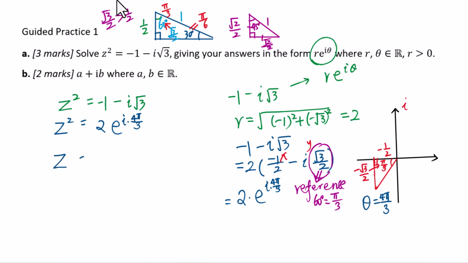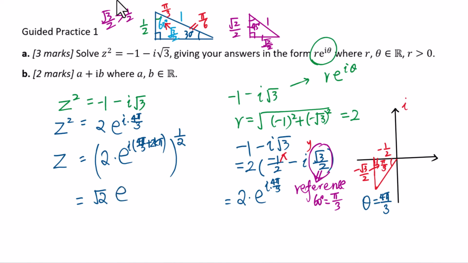Then z equals 2 times e to the power of i times (4 pi over 3 plus 2k pi), then to the power of 1/2. 2 to the power of 1/2 is the square root of 2. Power of power, we will do the multiplication.